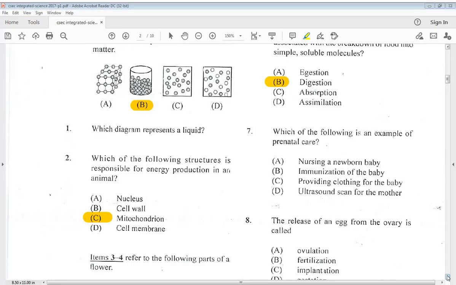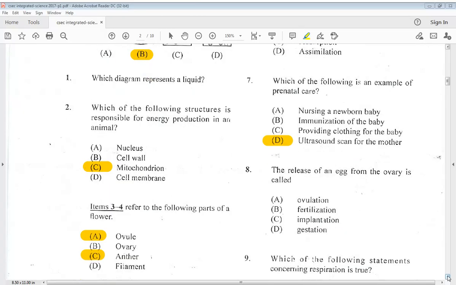Now we know A, B, and C are things that take place after the baby is born. So what do we refer to that as? Let me know in the comment section below. Let me see how well you are remembering. So D would be the answer. Prenatal, while the mother is pregnant, ultrasound scan for the mother.